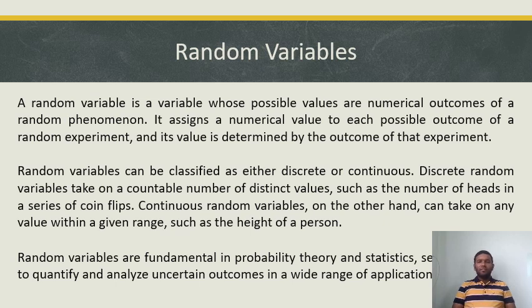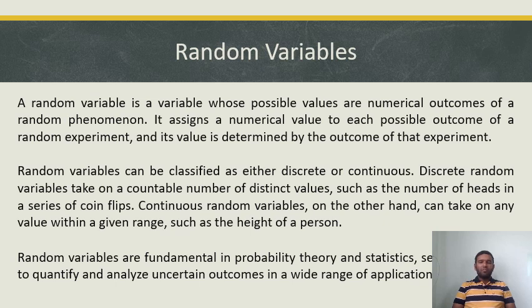A random variable is a variable whose possible values are numerical outcomes of a random phenomenon. It assigns a numerical value to each possible outcome of a random experiment, and its value is determined by the outcome of that experiment. Random variables can be classified as either discrete or continuous. Discrete random variables take on a countable number of distinct values, such as the number of heads in a series of coin flips.